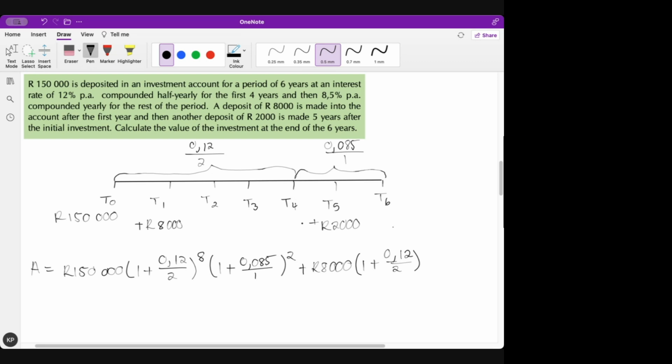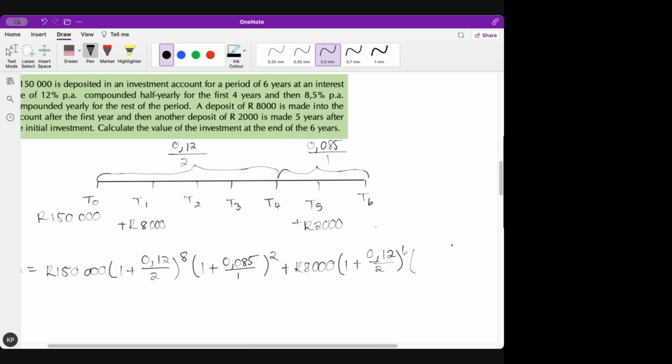If it is 3 years and it is compounded twice a year, how many times is that? That would be 6. And the remainder looks just like the other one because it is the last 2 years, so it will be 1 plus 0.085 for 2 years. That's the calculation for the 8,000.